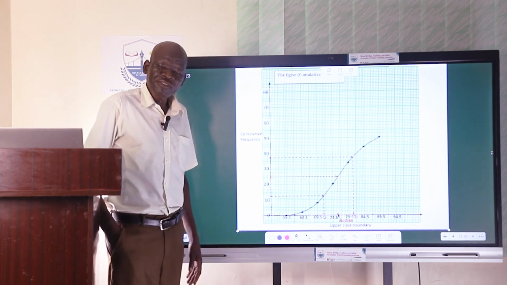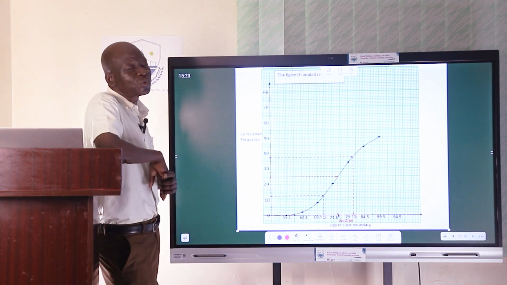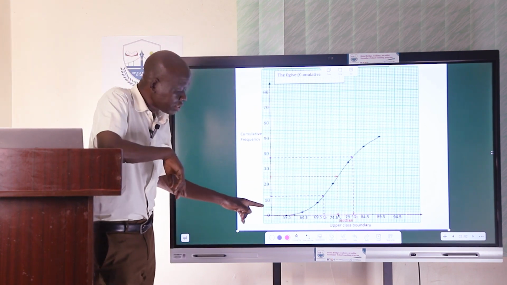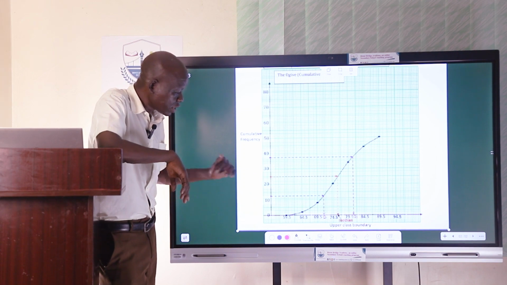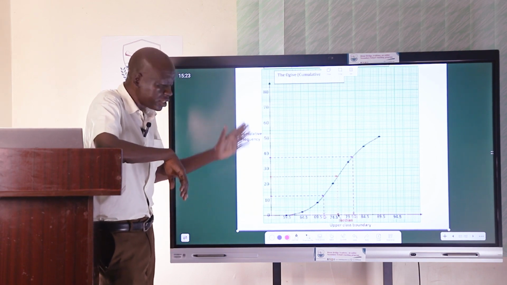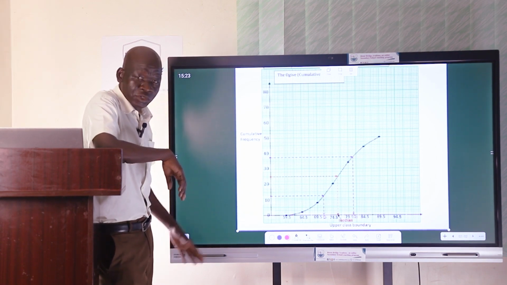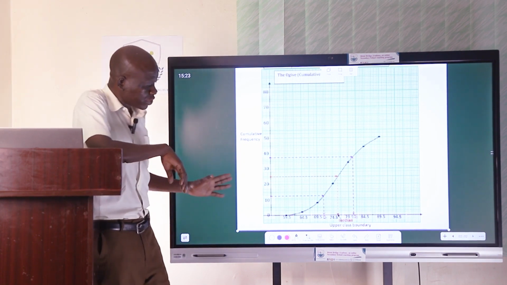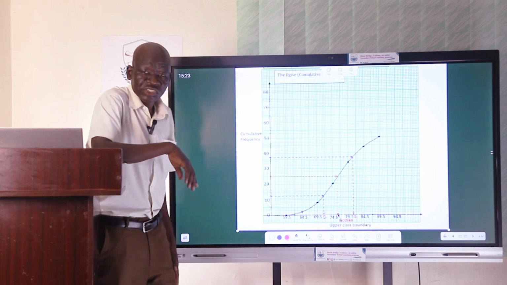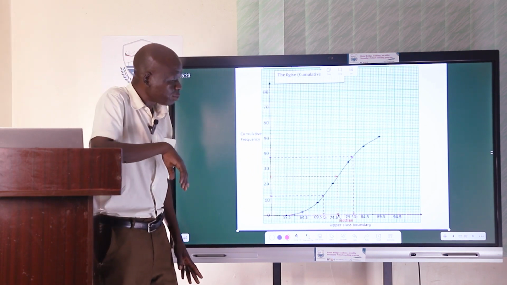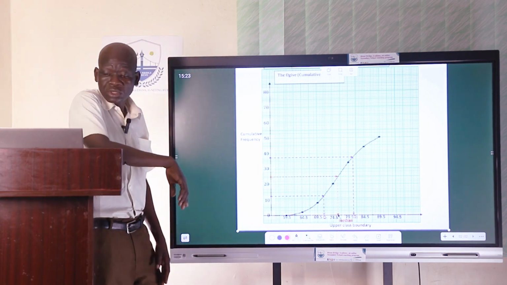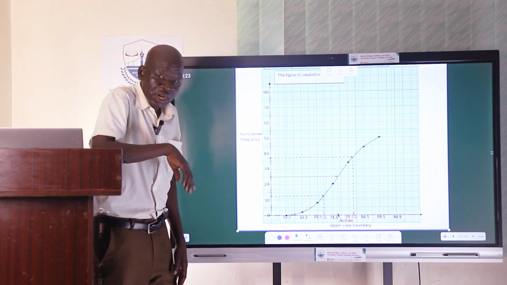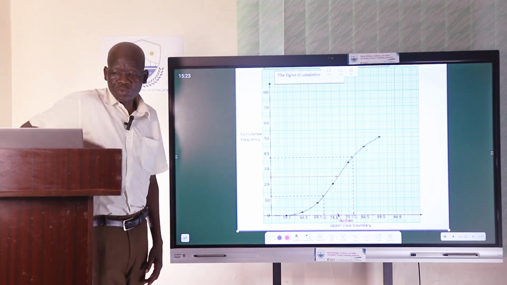That is 10 divided by 10, giving us 1. Meaning that each small square is equal to 1. That is the interpretation of the vertical scale. Now, we are going to make maximum use of these scales to help us determine what we call the lower quartile and the upper quartile.